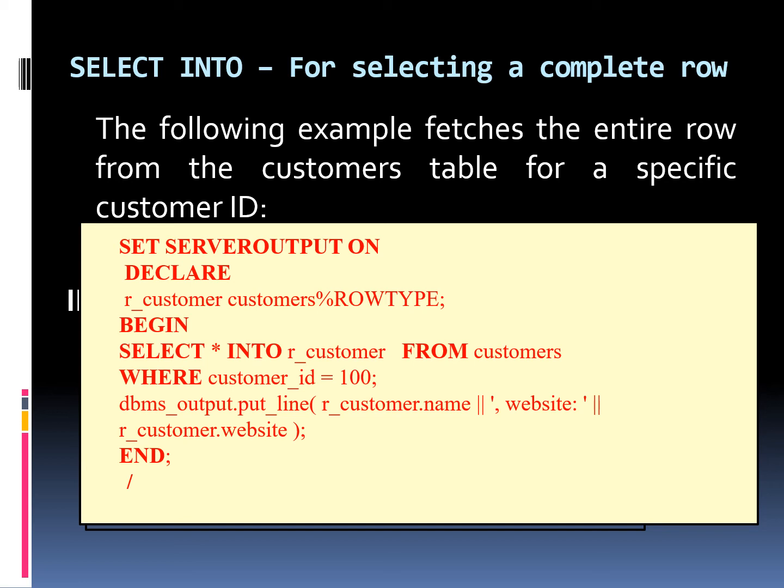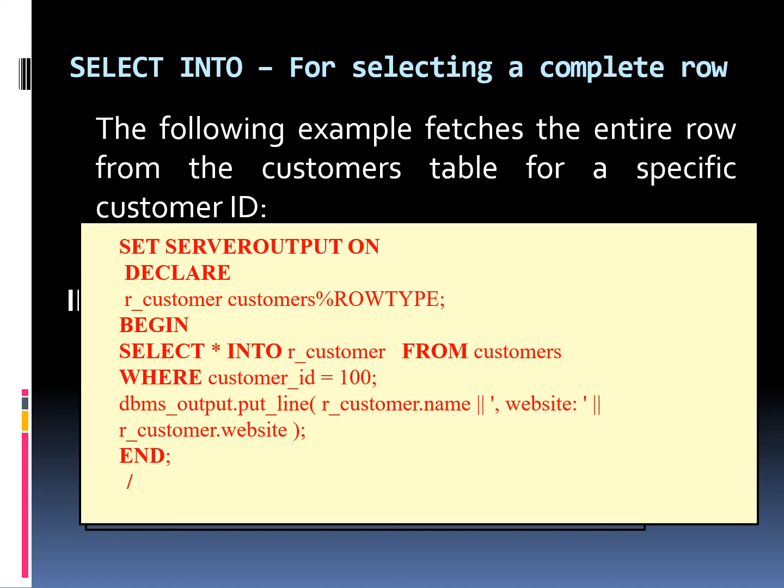For example, to fetch the entire customer information from a customers table, we have used a variable r_customer, and it is of the type customers%ROWTYPE. Here customers is the name of the table. Then in the begin section we have used select star into r_customer, the variable that we have defined previously, from customers where customer ID equal to 100.